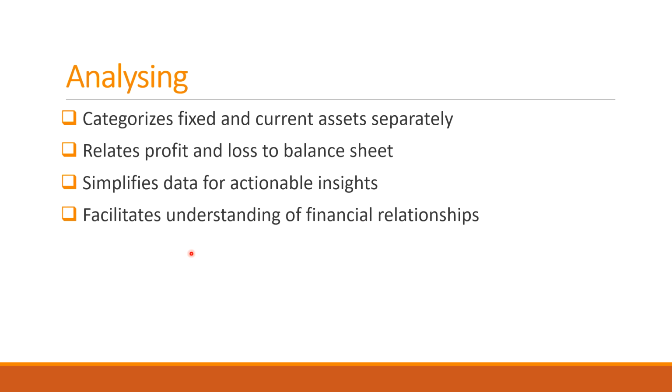Linking these two helps to understand how the results of business operations impact its financial health. This approach simplifies the data and provides actionable insights, allowing stakeholders to easily grasp the financial relationship within the business. It makes the information more accessible and helps in making informed decisions.